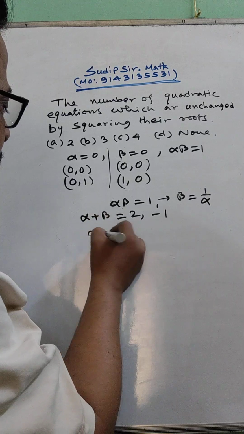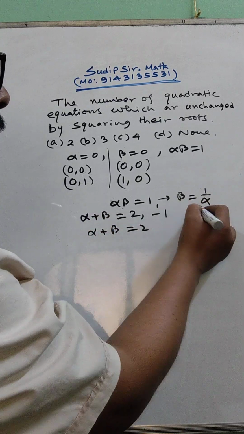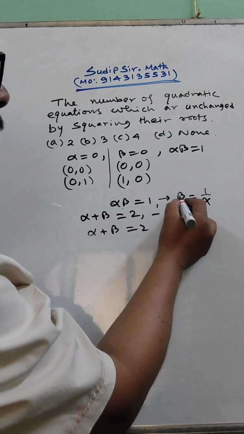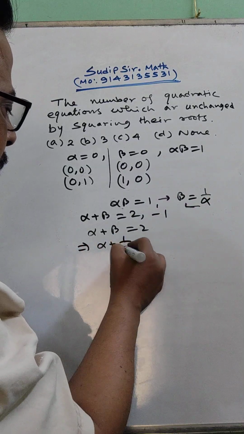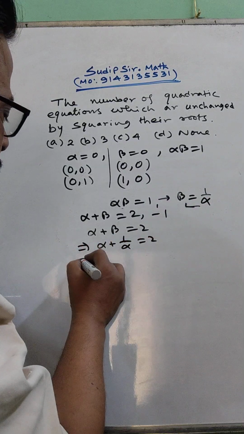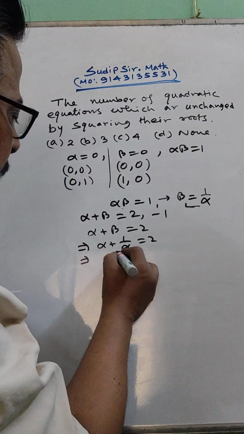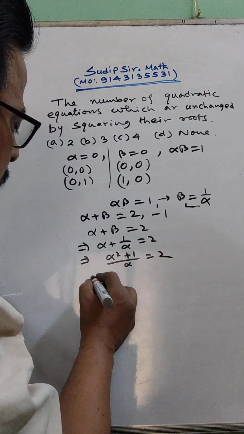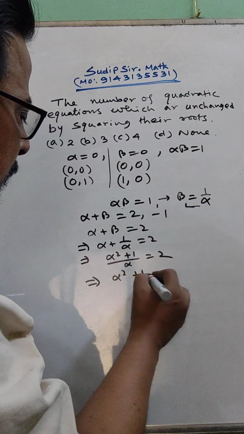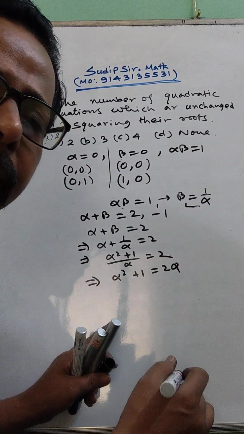If alpha plus beta equals 2, now beta can be written as 1 by alpha, that is alpha plus 1 by alpha equals 2. Now taking the LCM, alpha square plus 1 by alpha equals 2, so that is alpha square plus 1 equals 2 alpha.